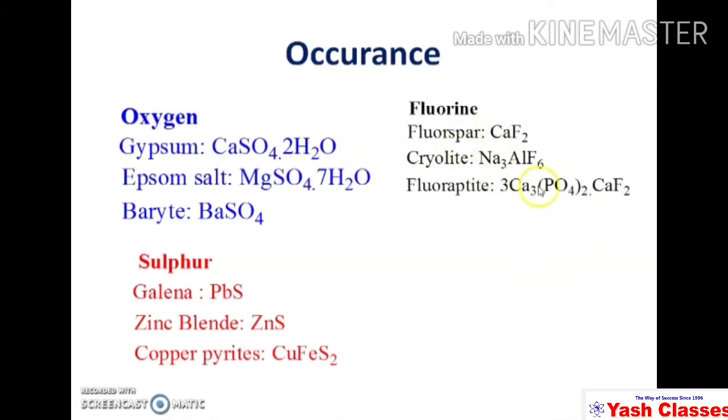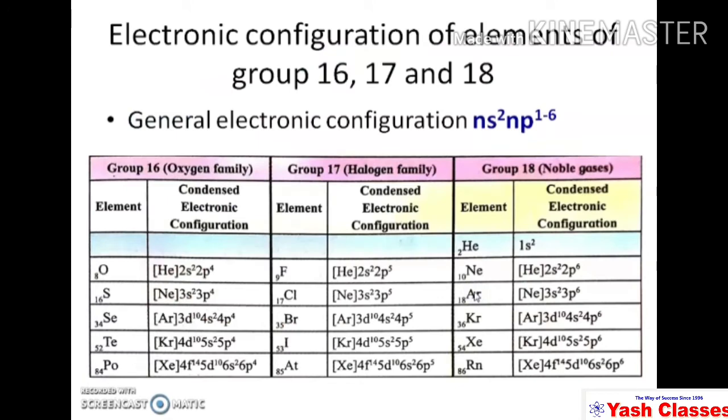So these are the minerals of fluorine. This is the mineral of chlorine, that is carnallite KCl.MgCl2.6H2O. So this is about the occurrence of some important elements of group 16 and group 17 on the earth's crust.